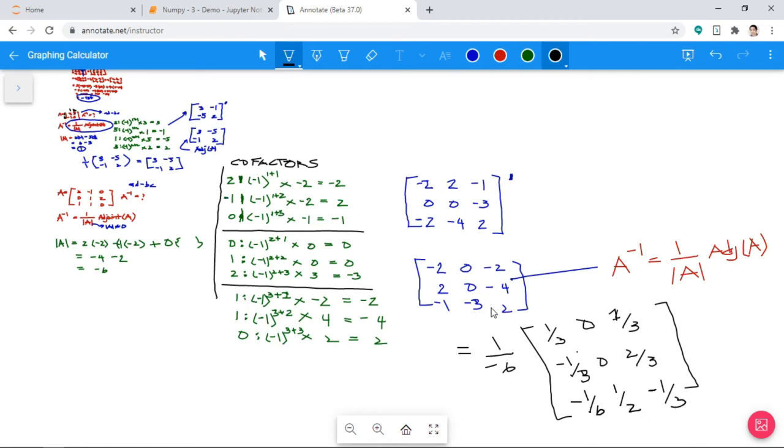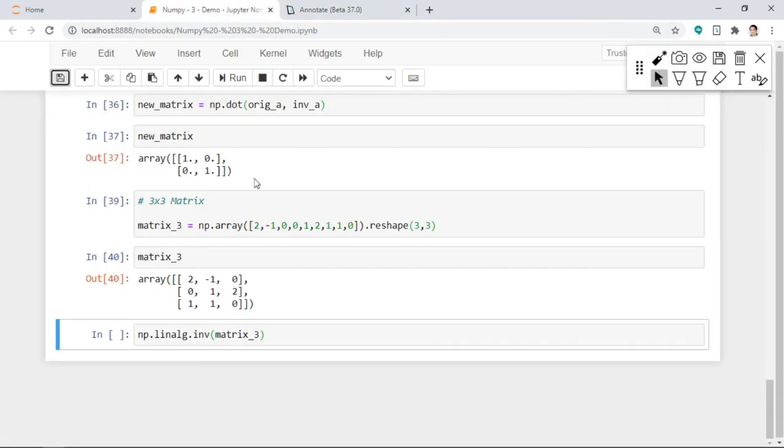Whew, that's a lot. So let's check the value. We execute this one. We will be seeing decimal points in Python, I think Python does not recognize fractions. So we have 1/3, 0, 1/3, and we're expecting 0.33. Let's execute this one.